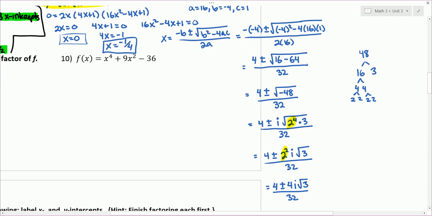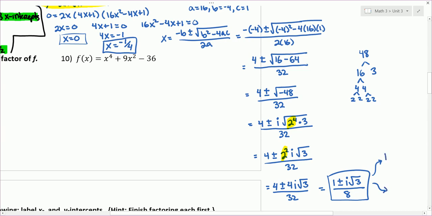And now divide everything on top and bottom by 4, and you end up with 1 plus or minus i root 3 over 8. Notice this is 2 roots split up in 1, right?